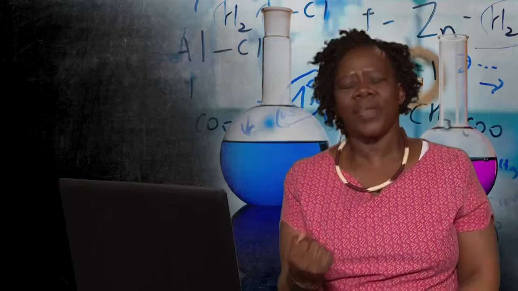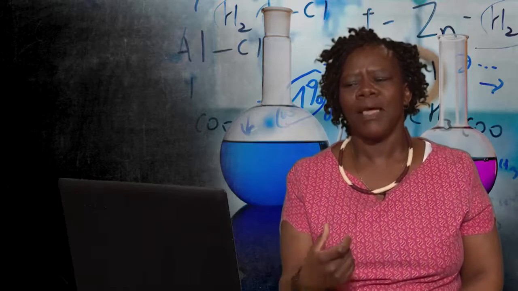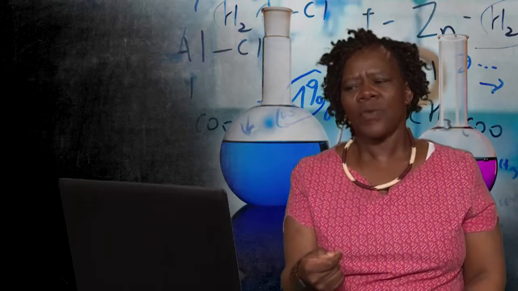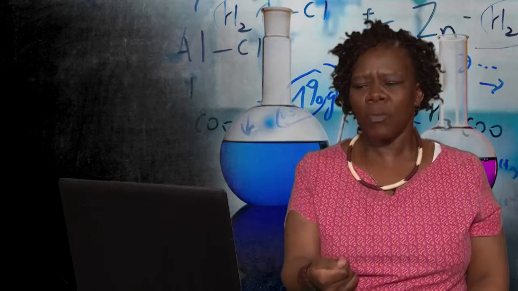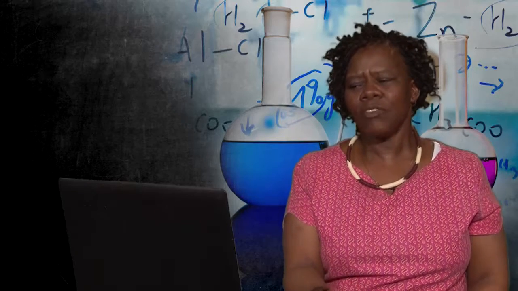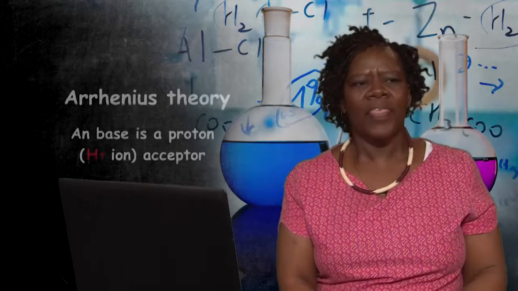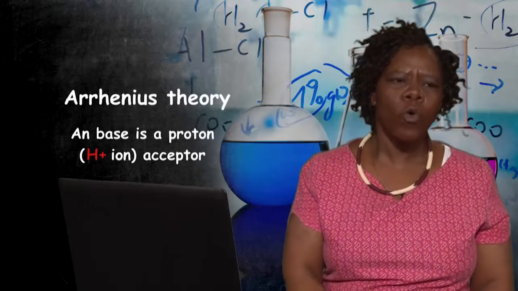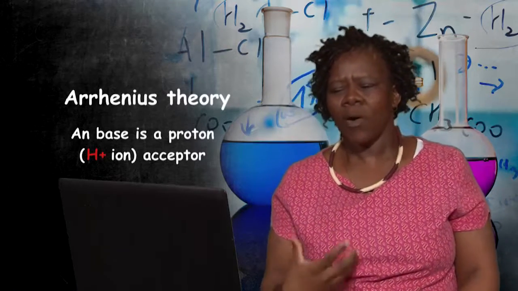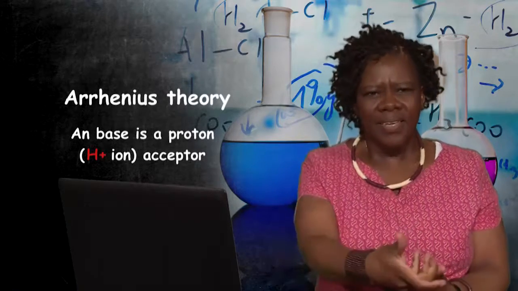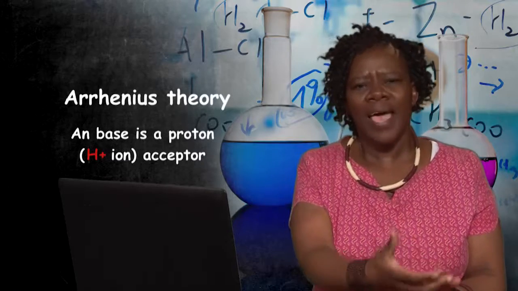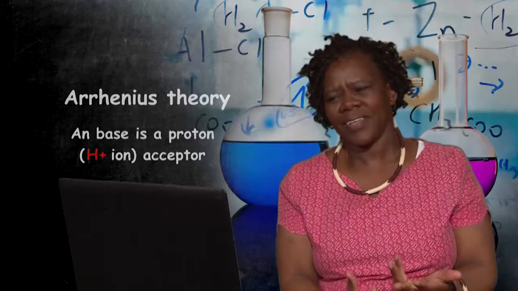That is the ion that will be donated by the acid, and the base is going to accept the proton. An acid is a proton donor, and a base is a proton acceptor. In all cases, when one donates, another has to accept.